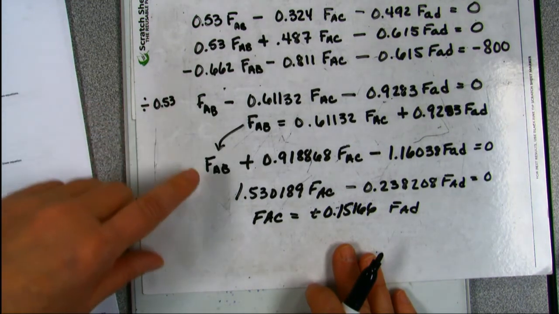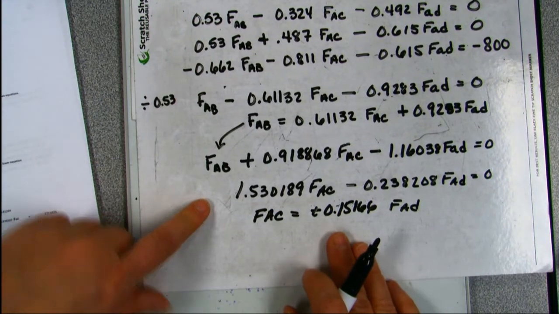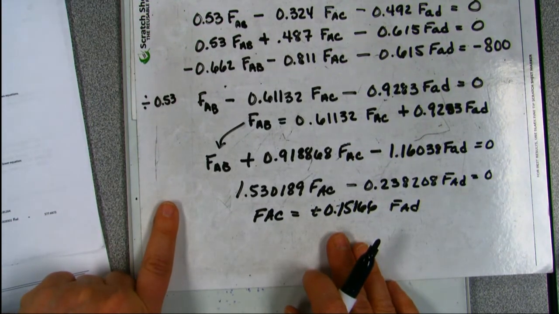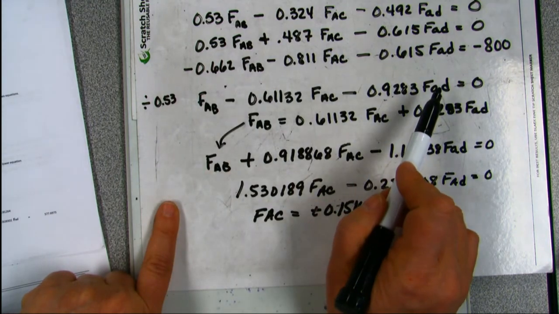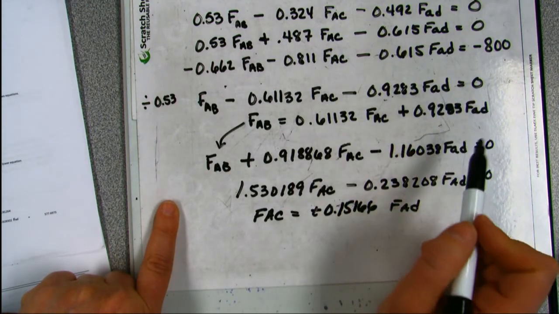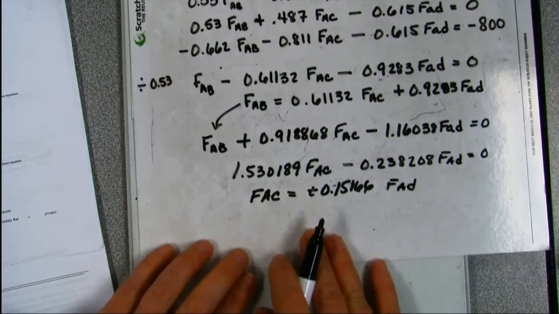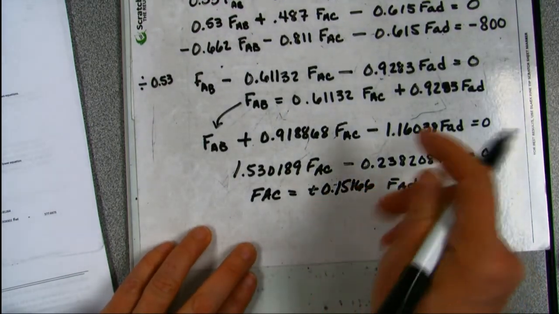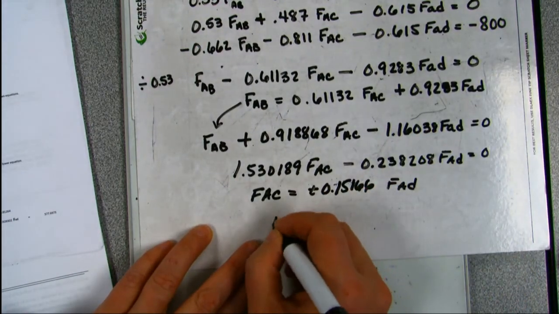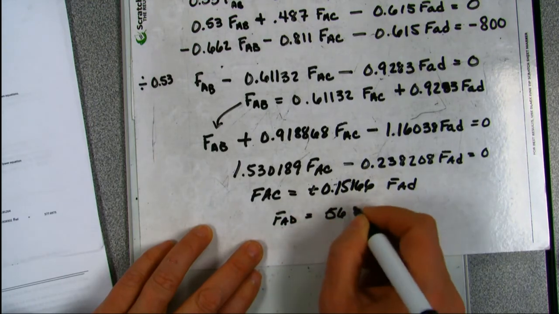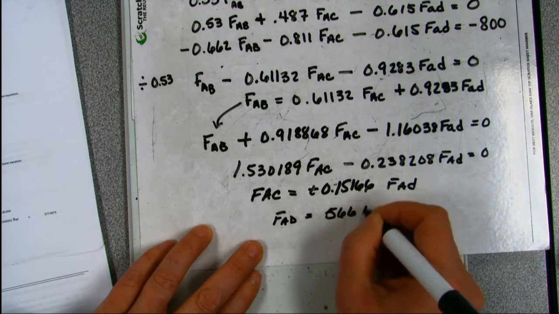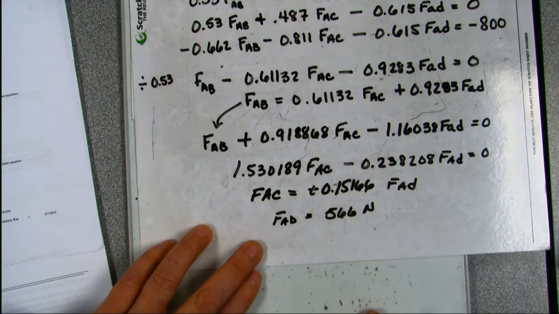Okay, I'm going to plug that back in to my third equation with the 800. What I do for that one, I can find that FAD is equal to 566 newtons. Plug it back in, and you get the exact same answers the other way.